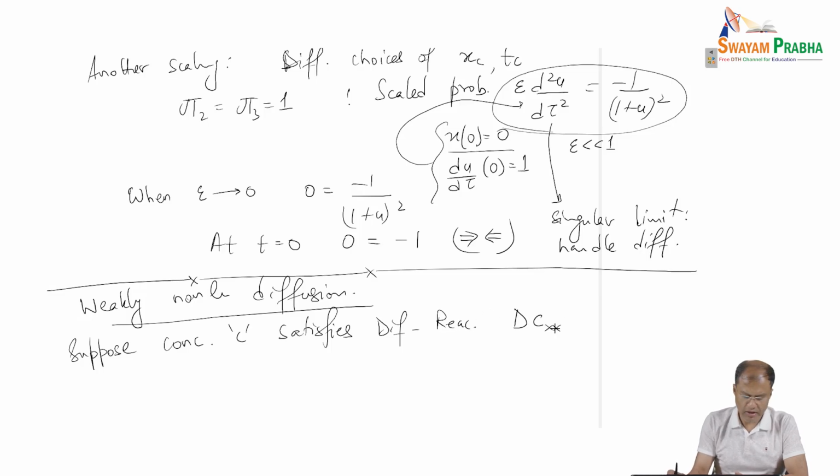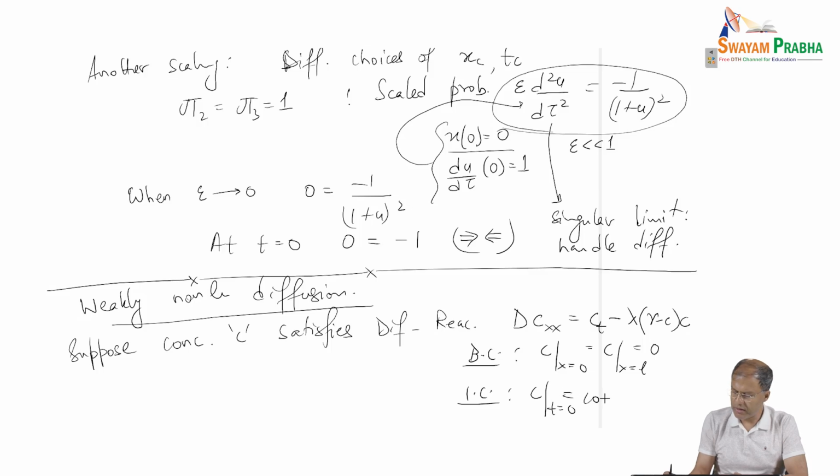D times Cxx is equal to Ct minus lambda times (gamma minus C) times C, where we have the boundary condition given by C at x equal to 0 and C at x equal to L being 0, and my initial condition at t equal to 0 is given by C naught sine of 5 pi x over L.